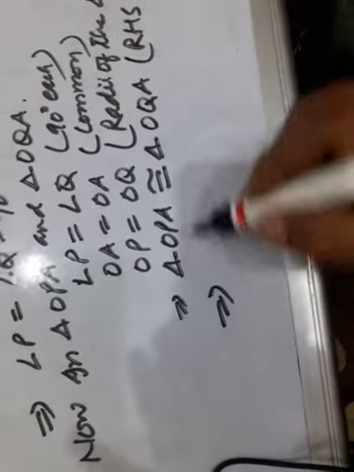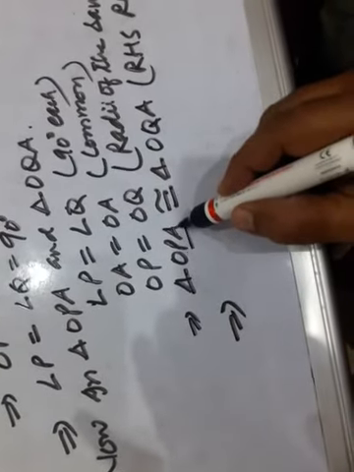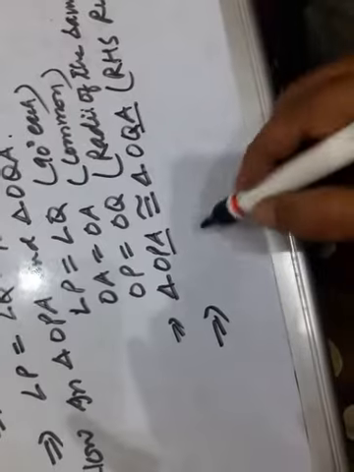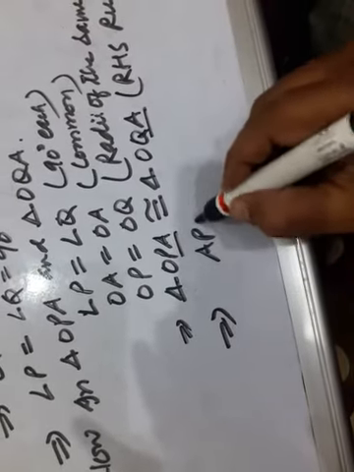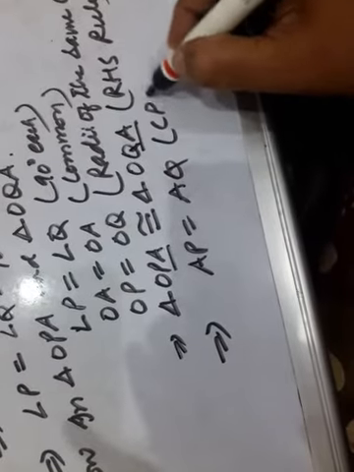Okay, children? Now this implies that, see, we have to prove that AP equal to AQ. What is this? By CPCT. Do you understand CPCT? Remember, CPCT is corresponding parts of congruent triangles.